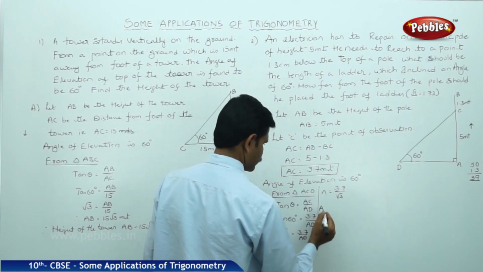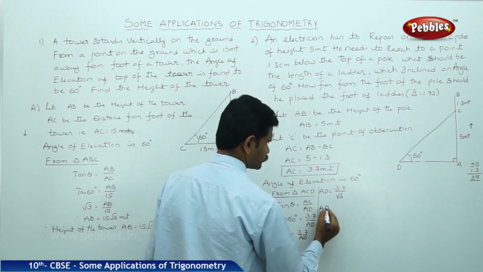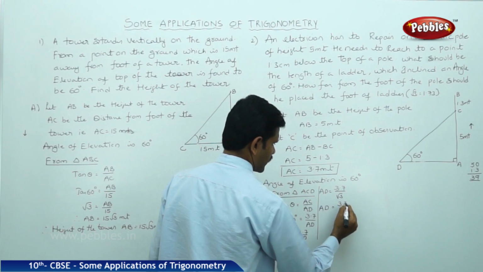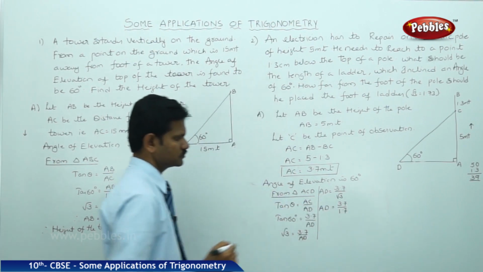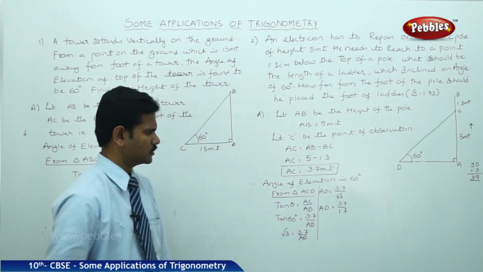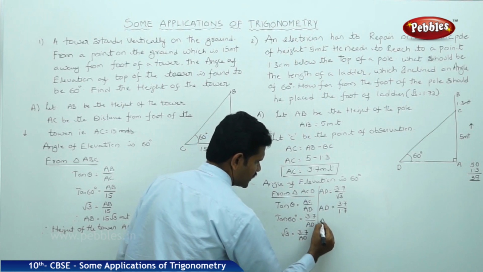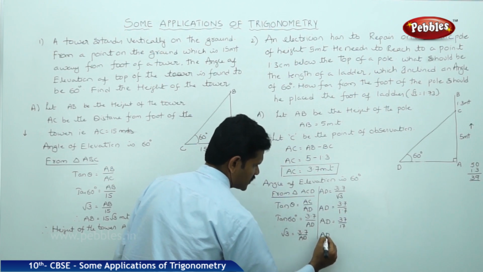That is, AD equals 3.7 by 1.7. That means approximately, I will consider the decimal as one digit only. Now AD is equal to 37 by 17.